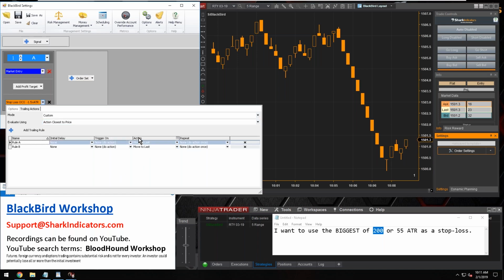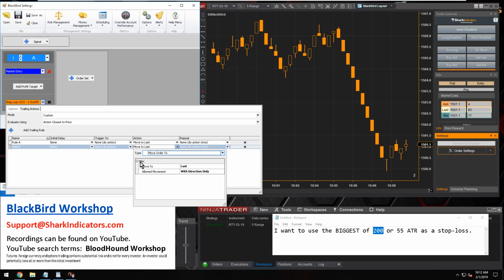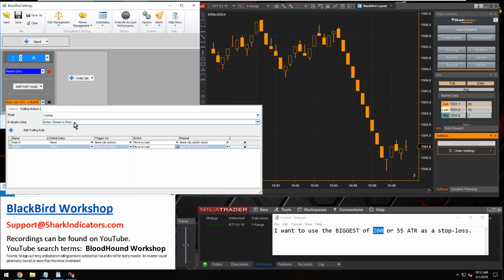Well, that's referring to the action column. The action column is the column that actually sets the price. That's what determines the new price for your stop loss or for your order. So the action column is what calculates the price. When we look at the evaluate, action is basically another way of saying the calculated price.